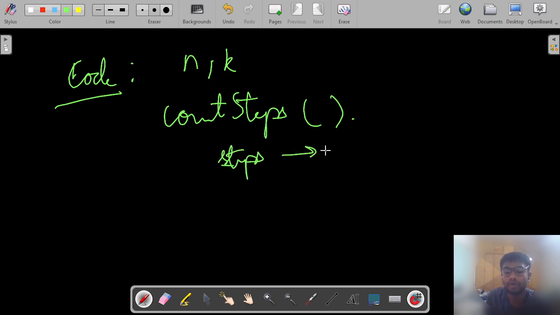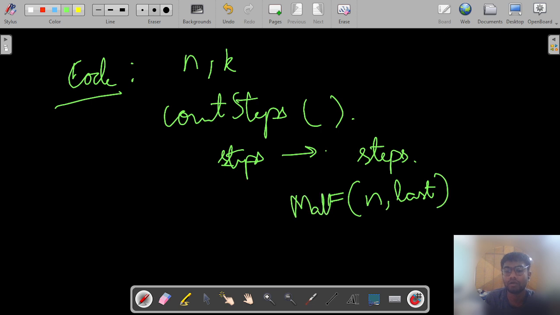The way that we do it here is, firstly we calculate the steps. Let's say at the start we might be having n, or the last number, whichever is the minimum, minus first plus 1.